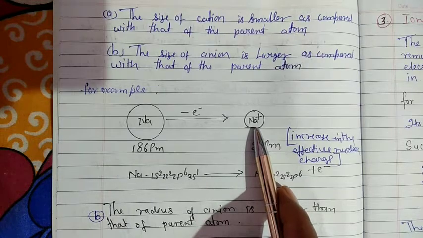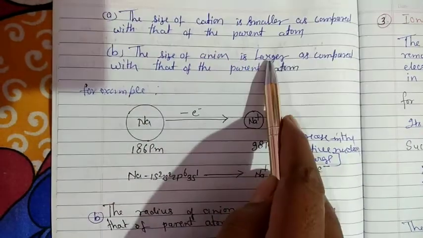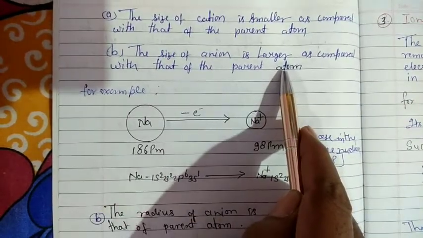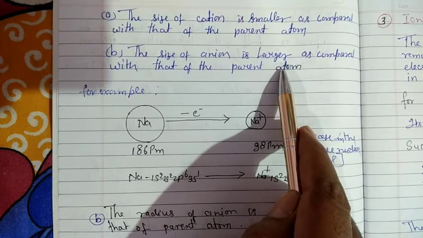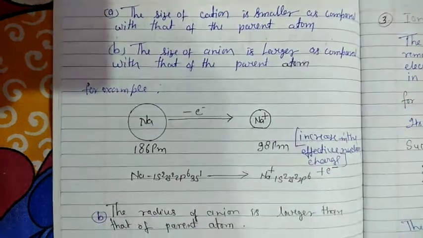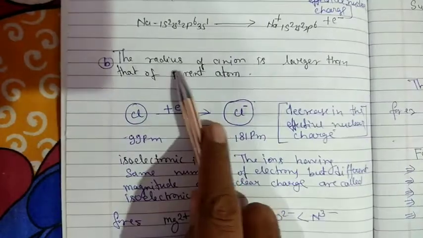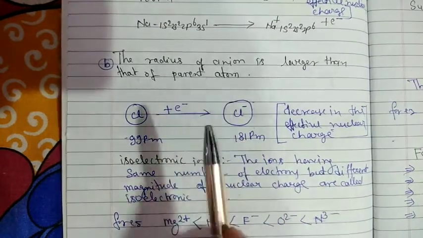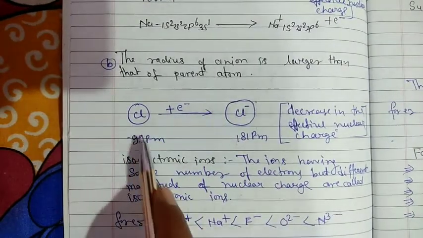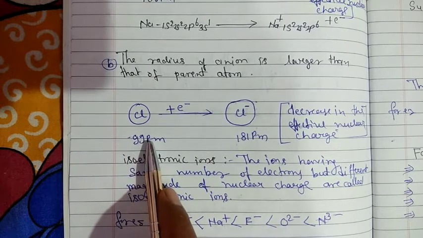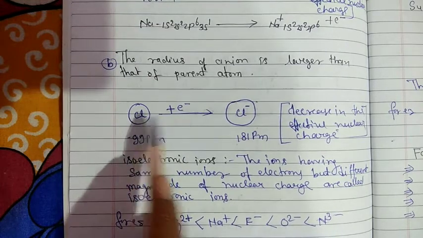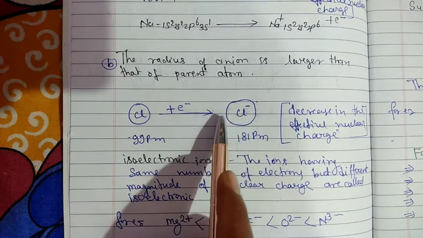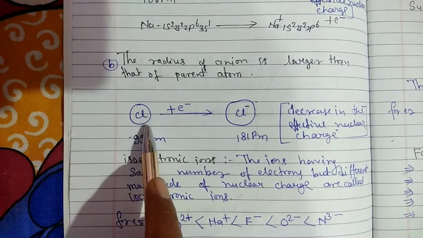Okay, and the second point, the size of an anion is larger as compared with that of the parent atom. What is a parent atom? The actual atom is called the parent atom. For example, chlorine has an atomic radius of 99 picometers, but this chlorine atom can gain one electron and carry a negative charge, because chlorine has 7 valence electrons.